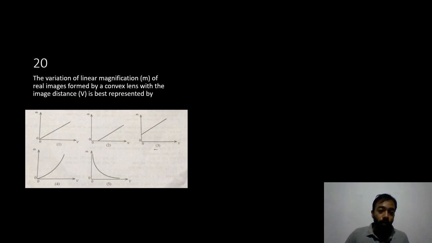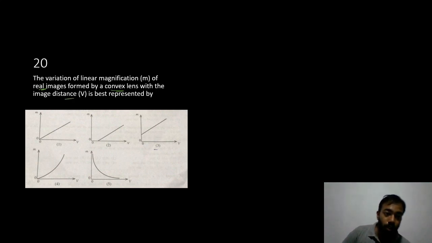Question number 20. Variation of linear magnification of real images formed by a convex lens with the image distance v is best represented by. So this is a bit tricky question. They are asking the linear magnification of real images formed by a convex lens with the image distance v.